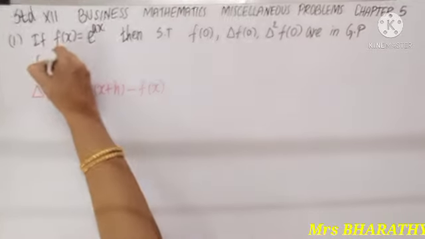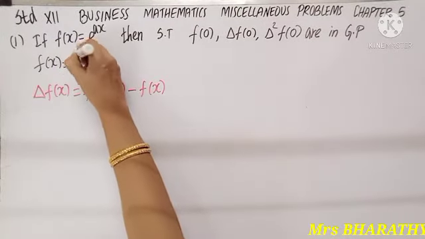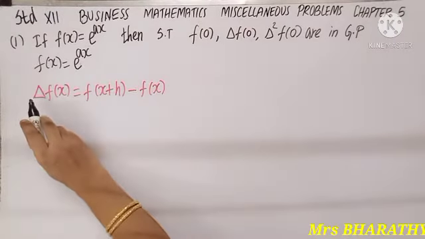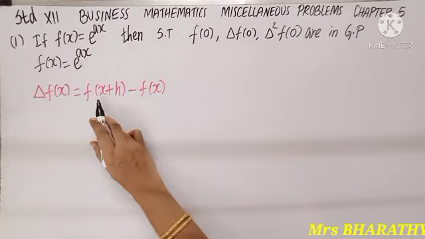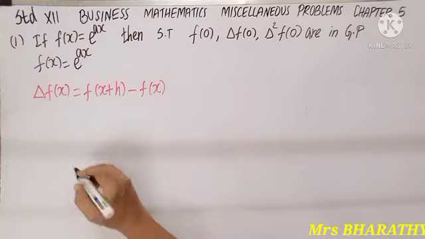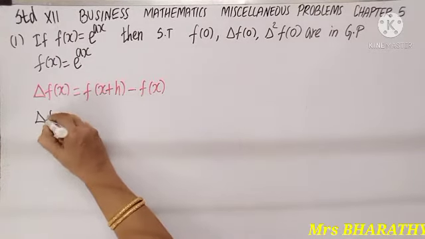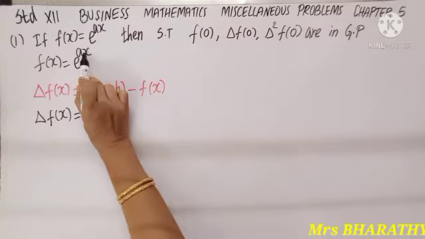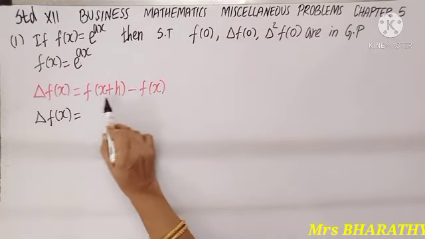Given f of x is equal to e power ax, we need to find out del f of x. This delta, we remember the formula f of x plus h minus f of x. So delta of f of x equals, wherever x comes, I must put x plus h.